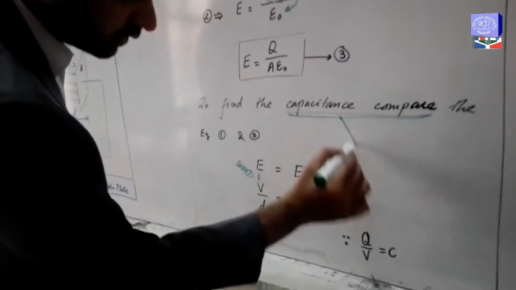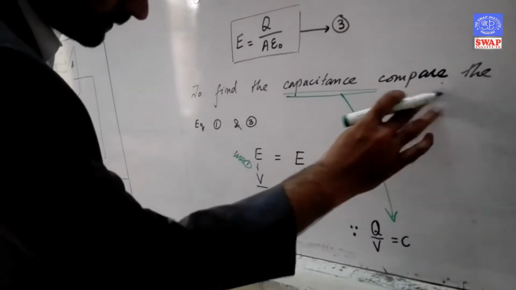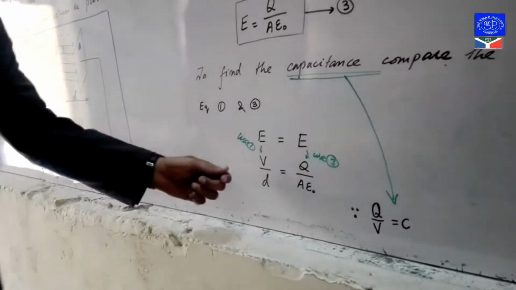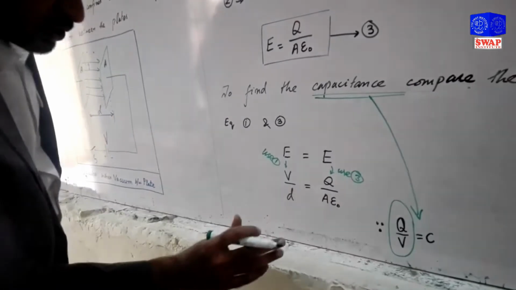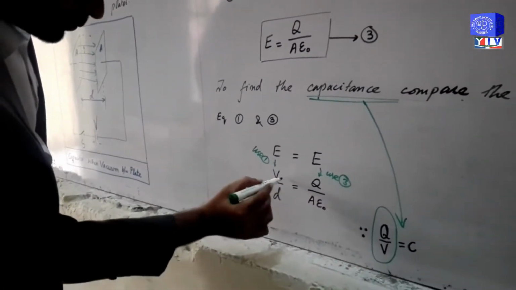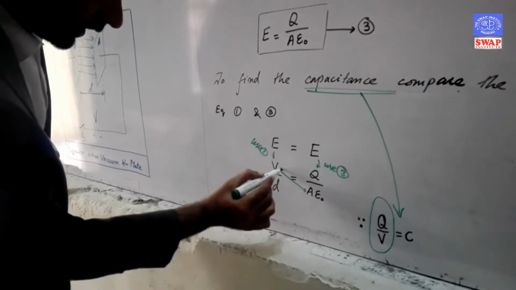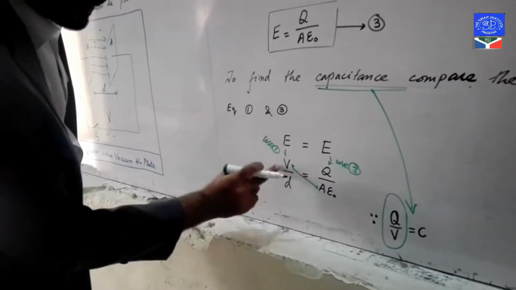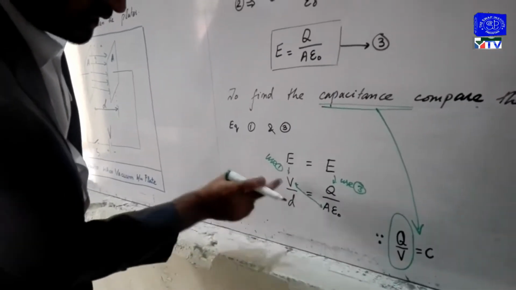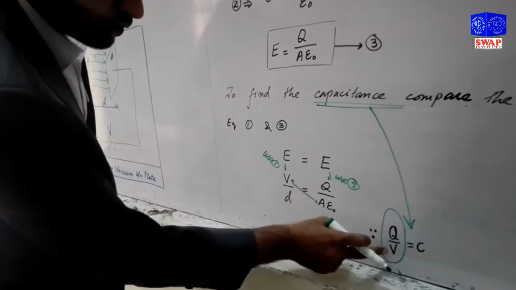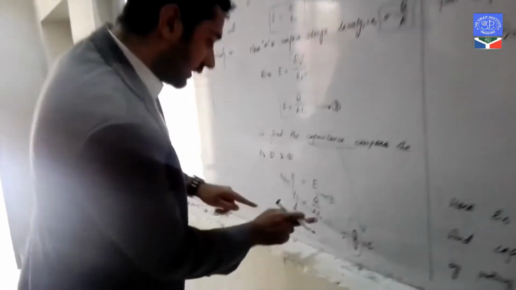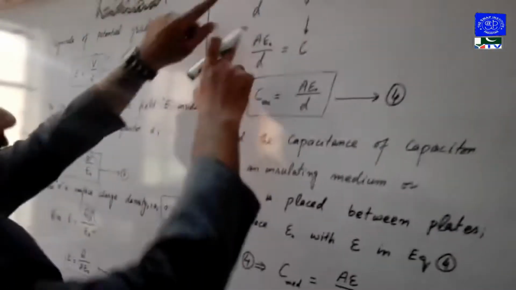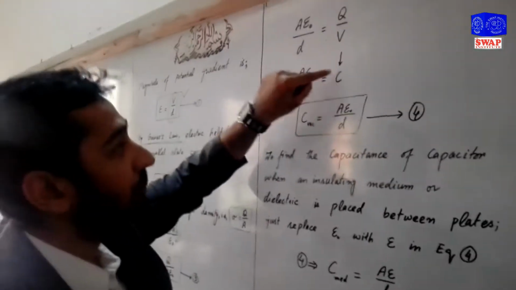So capacitance is equal to Q over V, and we want to convert this equation into this pattern Q over V. By moving this V here and interchanging these values, we get Q over V, which is equal to C. So after replacing the two values, we get Q over V equal to A epsilon naught over D, and this one is the capacitance.